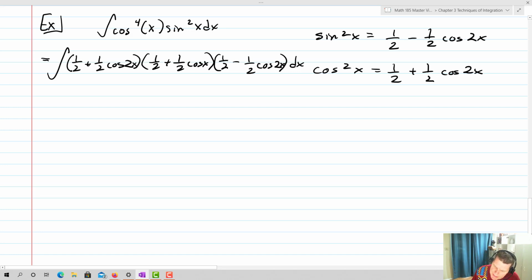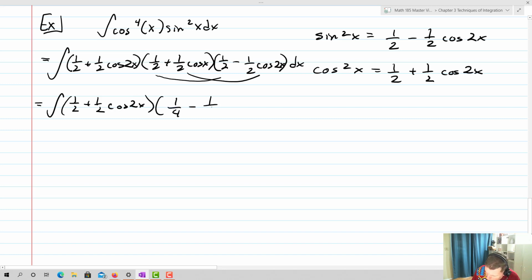And then what I'm going to do is I'm now going to multiply. And the reason why I did it this way is because this is just a difference of squares. So this is going to end up equaling the integral of 1/2 plus 1/2 cosine 2x times 1/4 minus 1/4 cosine squared 2x dx.